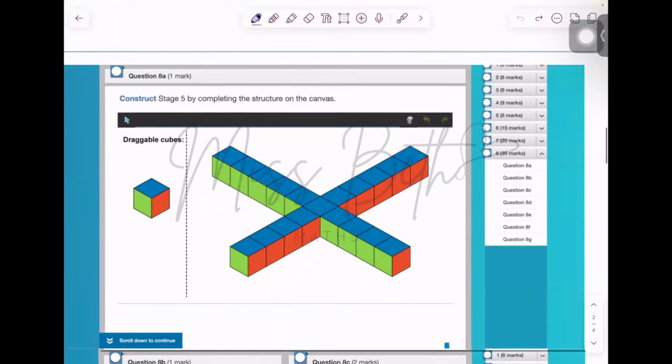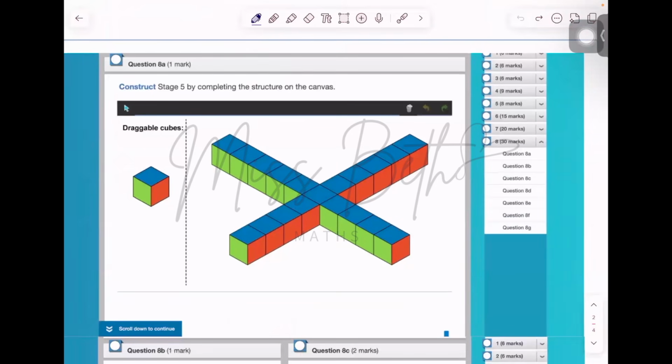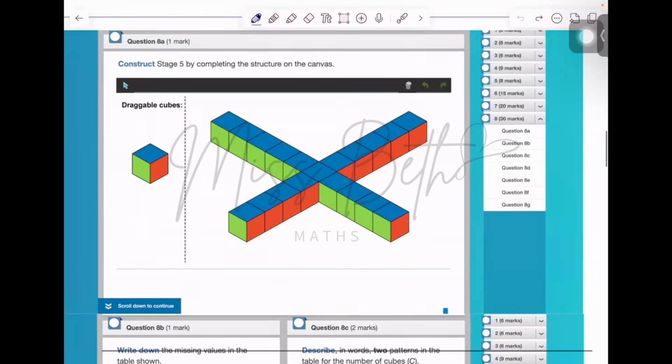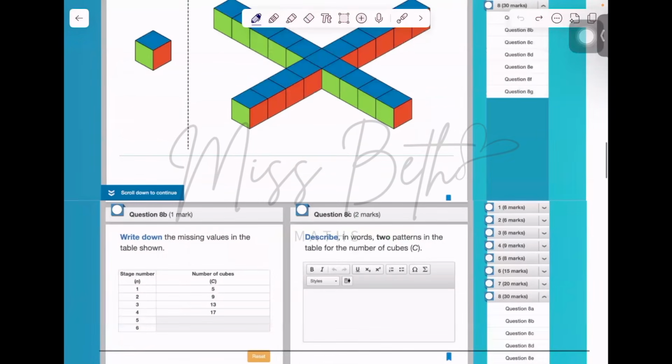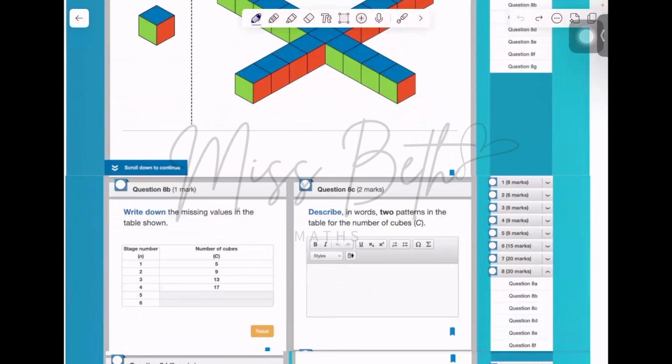Now, question 8A asks you to construct stage 5 by completing the structure on the canvas. I'm going to go straight to the next question first, and then we'll come back to this. Like always, I want to complete my table. Because I can see the numbers easily here and it saves me going back to the stages, I can just calculate exactly what's happening.